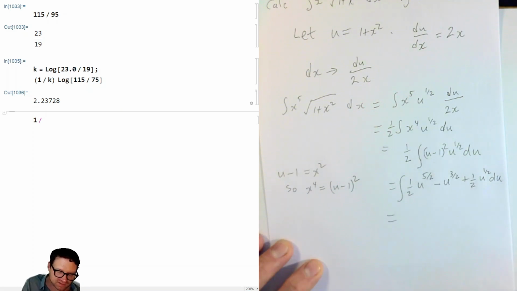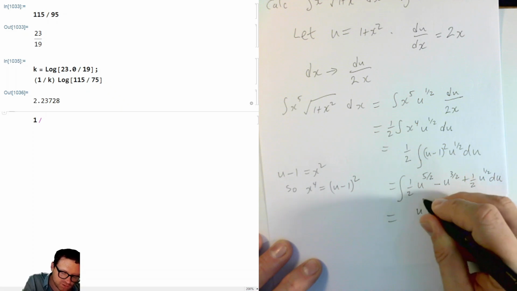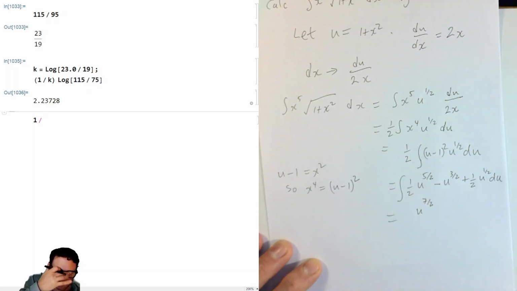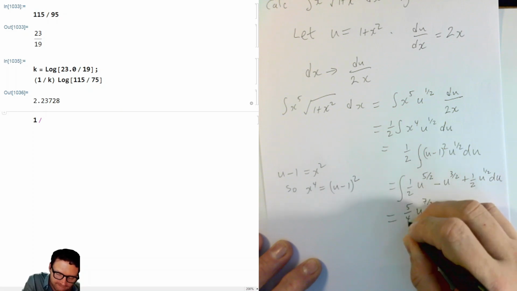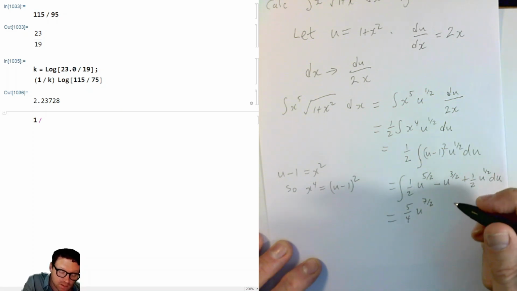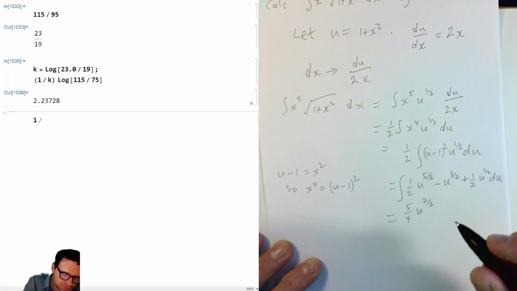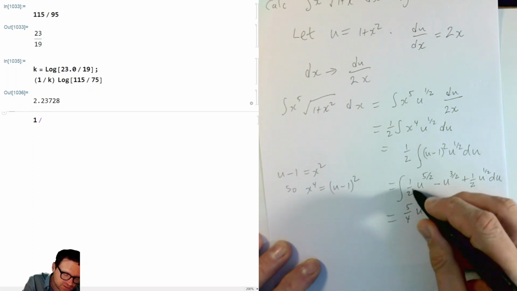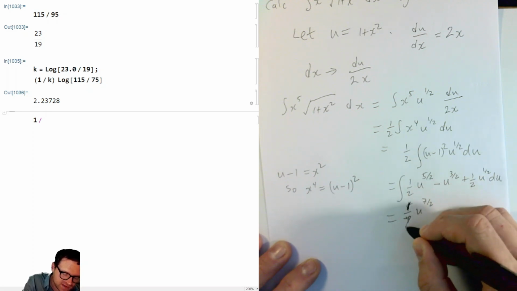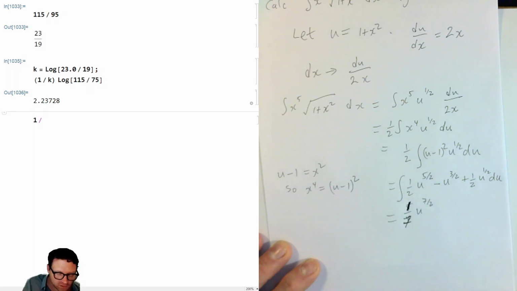Okay, now finishing this off, adding 1 to the exponent. So we have u to the power of 7 over 2, divide by the new exponent, and we've got, no, not 5 over 4. We've got 2's canceling, so we've got 1 over 7, don't we? Yes, 1 over 7.